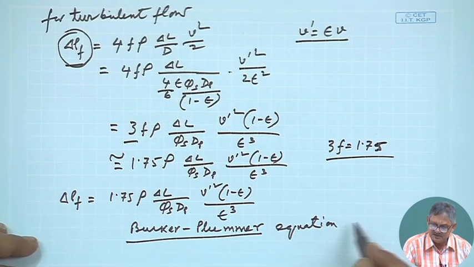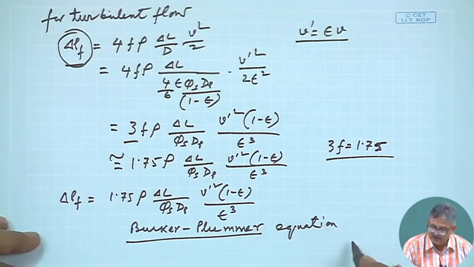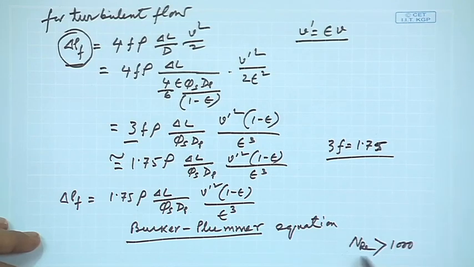So, like the previous one, that was valid for NRE less than 10, this is valid for NRE greater than 1000, right.